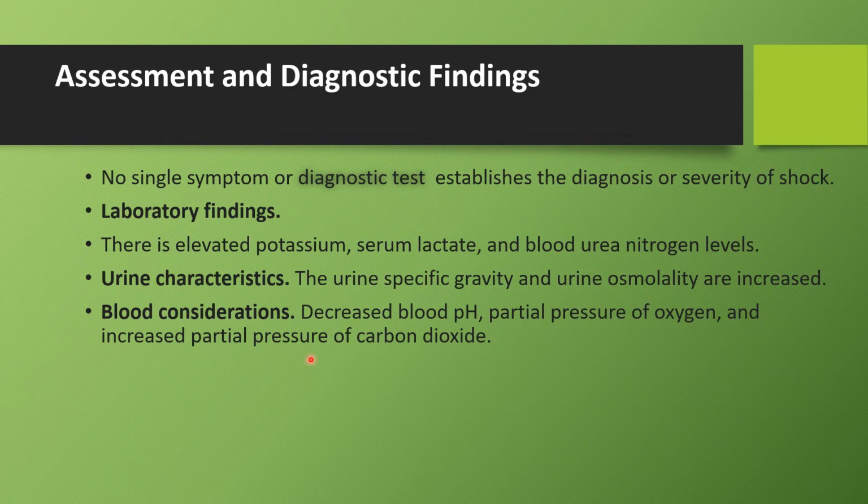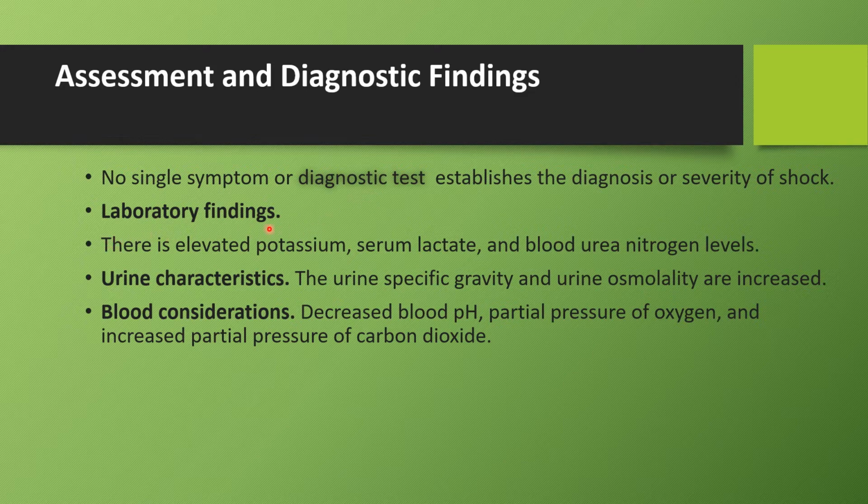So how can we find this hypovolemic condition? Not only a single symptom or diagnostic test diagnoses that the person has hypovolemia. Based on all the signs and symptoms and blood reports, they will diagnose that the person has the hypovolemic condition.